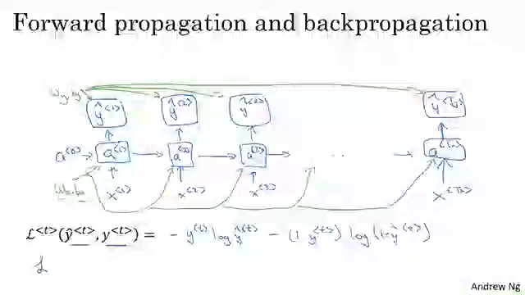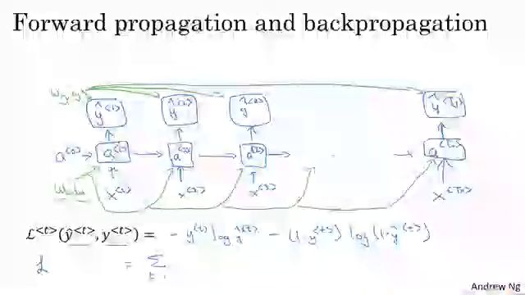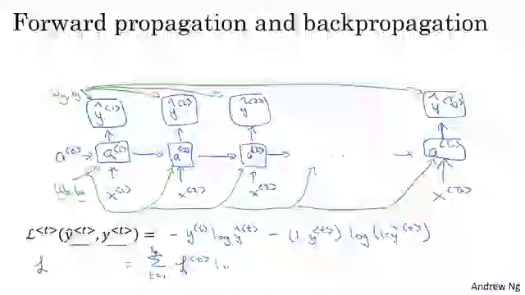So L will be defined as the sum over all t equals 1 to, I guess, Tx or Ty, Tx is equal to Ty in this example, of the losses for the individual time steps, y hat t, comma, y t. And so this capital L, without this superscript t, is the loss for the entire sequence.